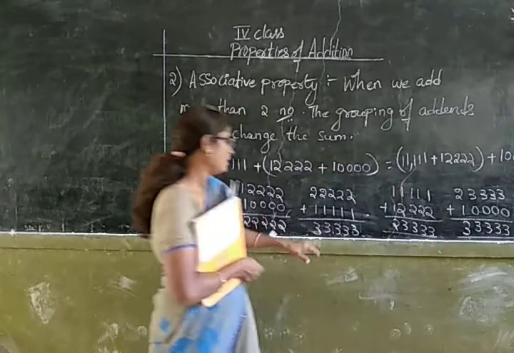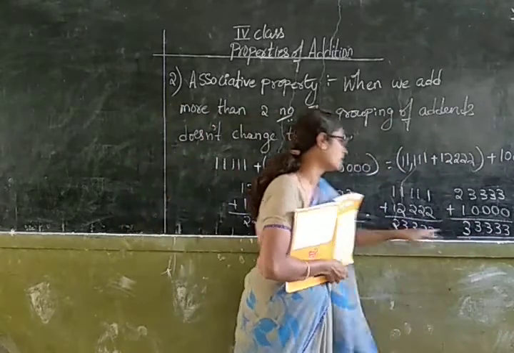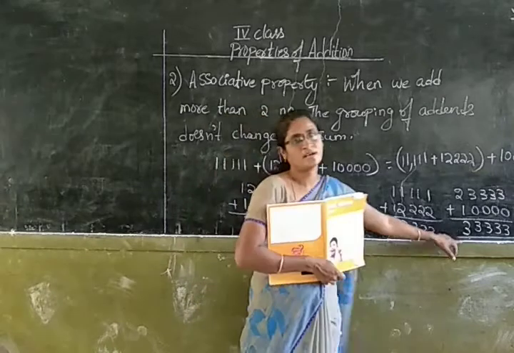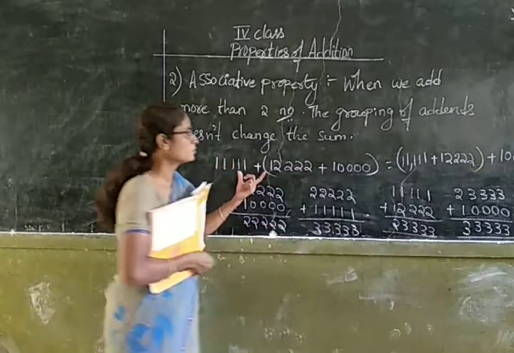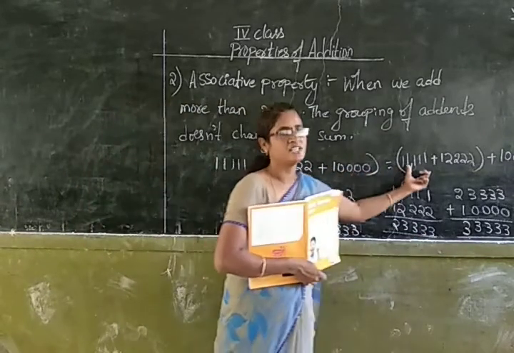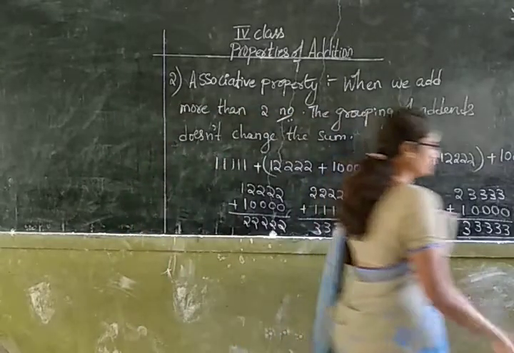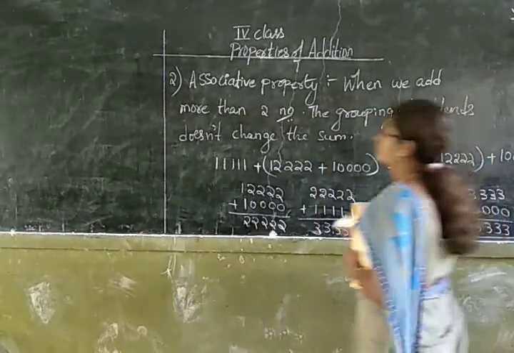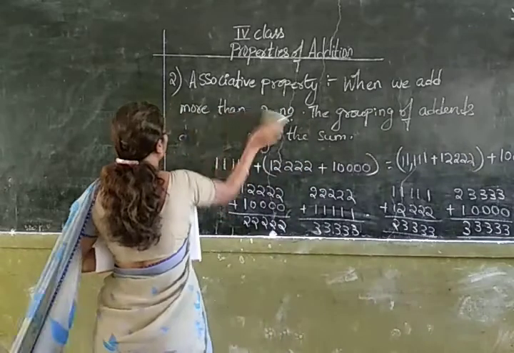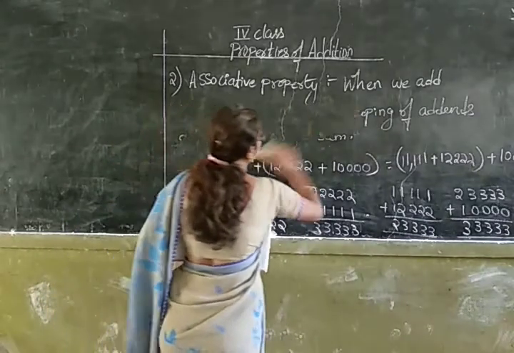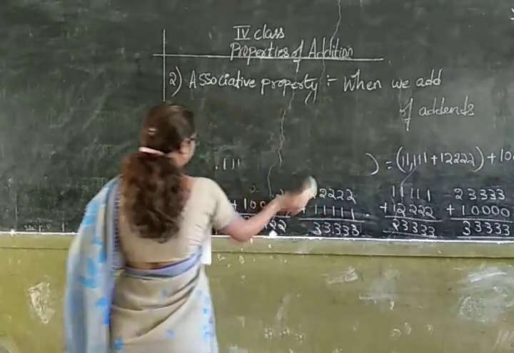So here I got the same answers for both the groupings. Okay. So grouping of addends does not change the sum. This is the second property. Now let us learn about the third property of addition.